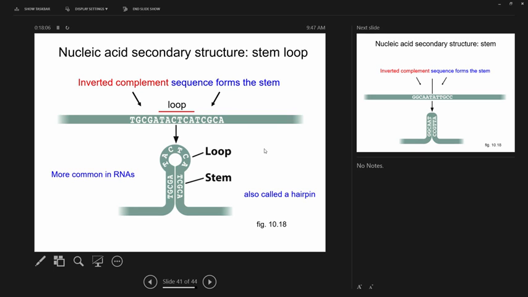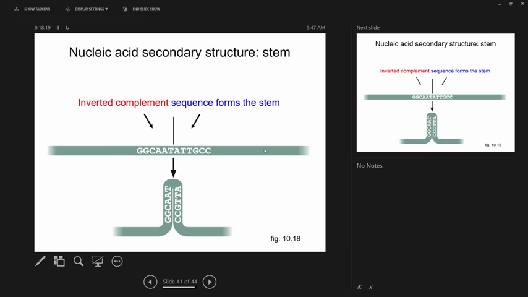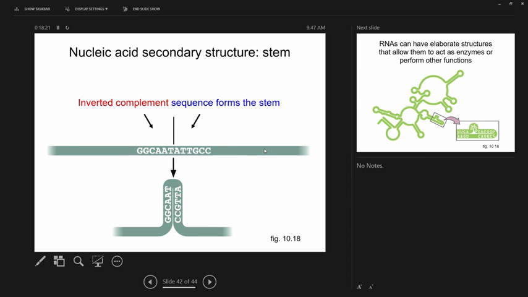So in both DNA and RNA, this one is also called a hairpin because it sort of looks like a little bobby pin that you would clip your hair up with. So in addition to that, DNA is very flexible. So instead of stem loops, you can also make just stems only, all kinds of stuff like this.